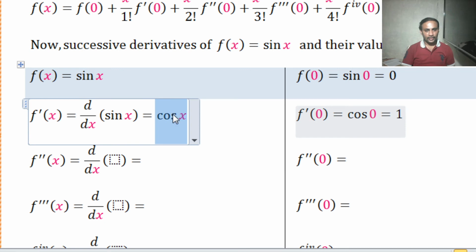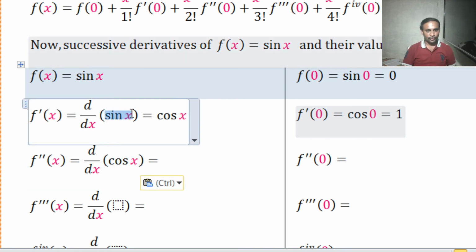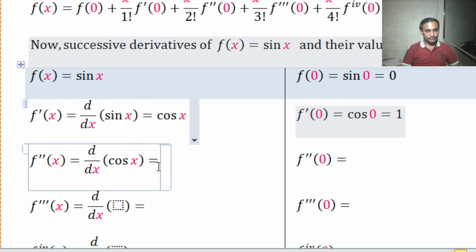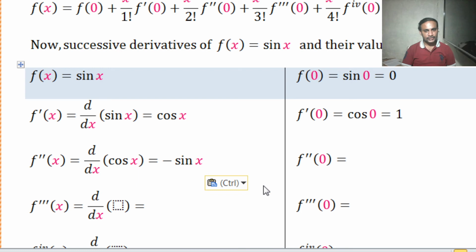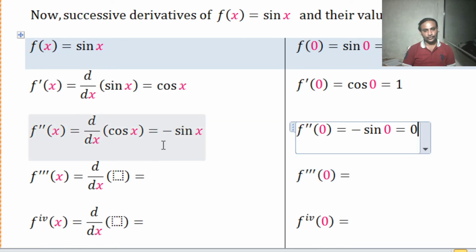Now again, if we take derivative of f of x 2 times, means derivative of cos x, but derivative of cos x is minus sin of x. So after putting 0 in this derivative, means we get minus sin of 0, but sin 0 is 0, therefore we are getting f double dash 0 as 0.